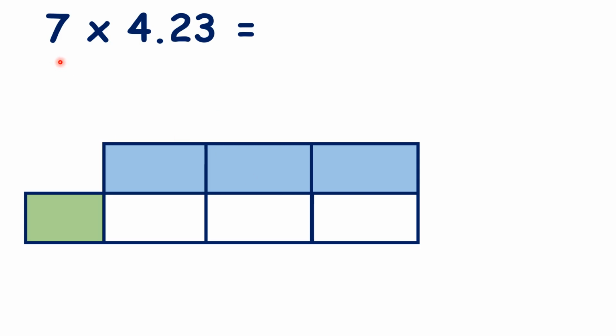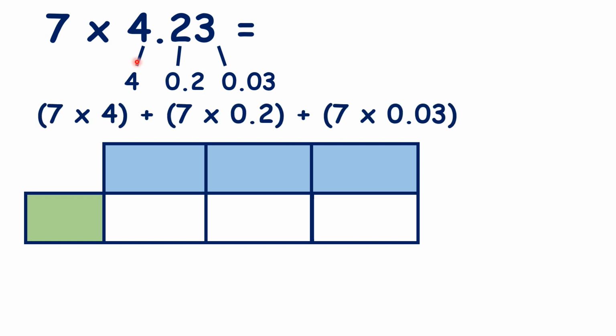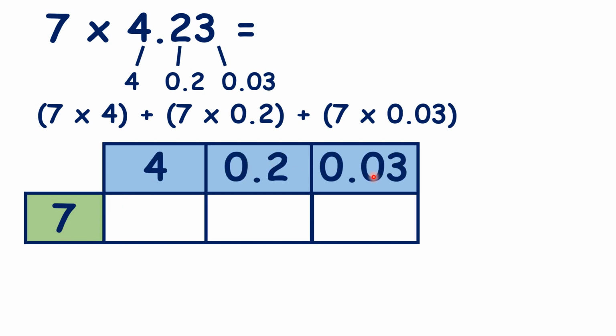Now pause the video and see if you can answer 7 times 4.23 using the grid method. We partition the number to multiply each digit separately. We write the whole number on the left of our grid and the partitioned number at the top.